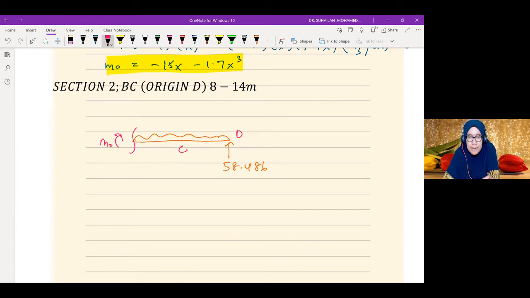This one is 8.8. So the origin starts from D, and the total length here is X.